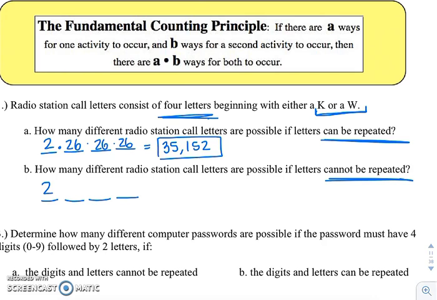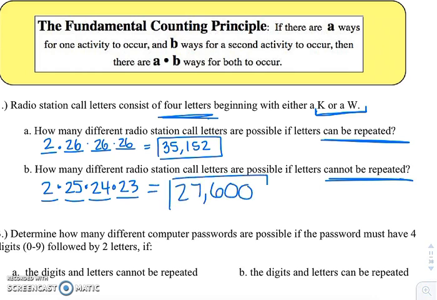Say we did use a K in the first spot, now there's no longer 26 letters to choose from for the second spot, there's only 25. And then if we've just used the second letter, there's 24, and then 23, because we can't use the same letter twice. So again, just multiply them all together: 2 times 25 times 24 times 23 gives 27,600 possible ways.